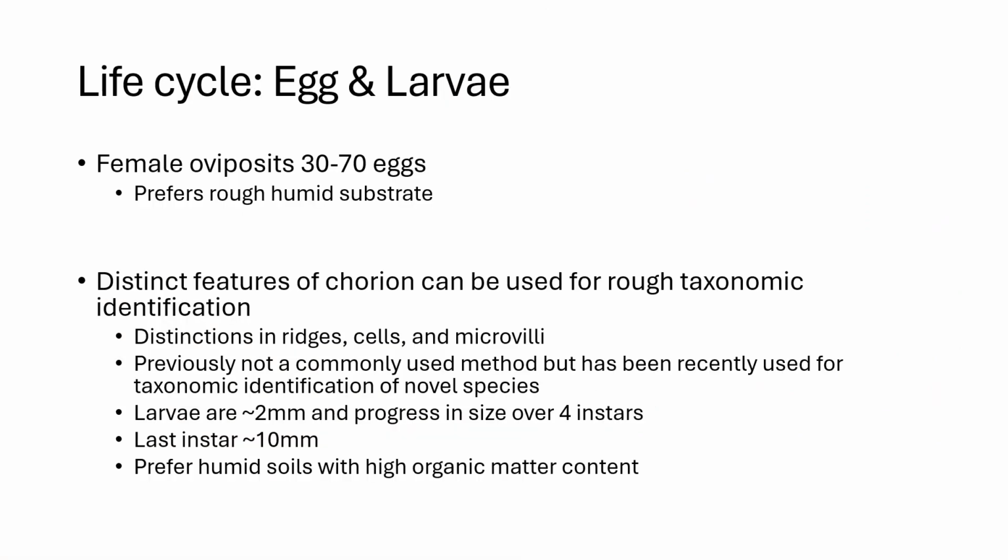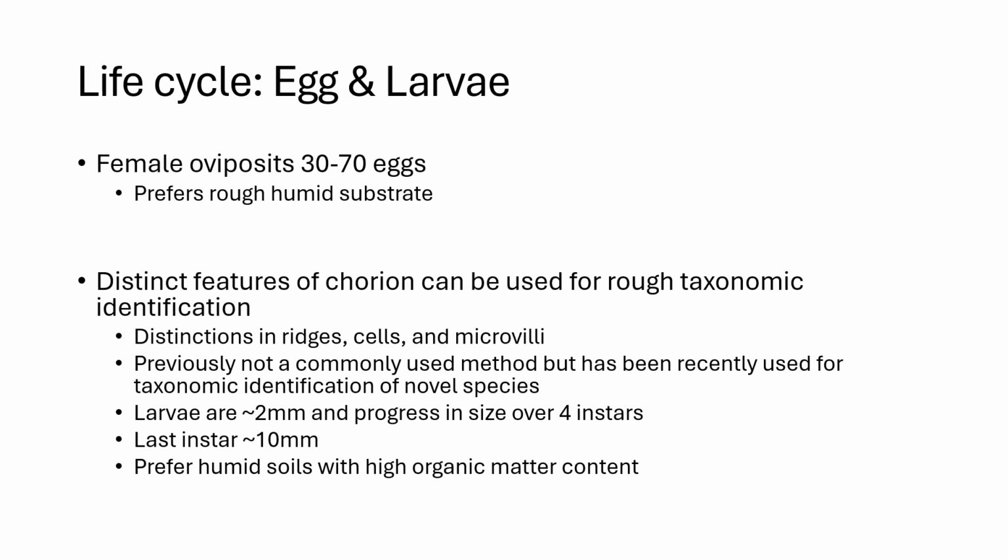Now we'll be getting a little bit more in depth on the life cycle of the sandfly, starting off with the egg and larval stages. As I said before, the female will oviposit 30 to 70 eggs on a rough and humid substrate. Interestingly, there are distinct features of the chorion of the eggs they deposit that can be used for a rough taxonomic identification, such as ridges, certain cells, as well as microvilli of the chorion.